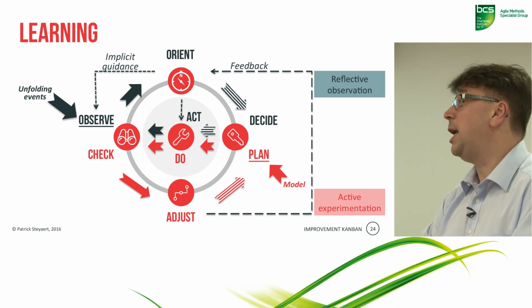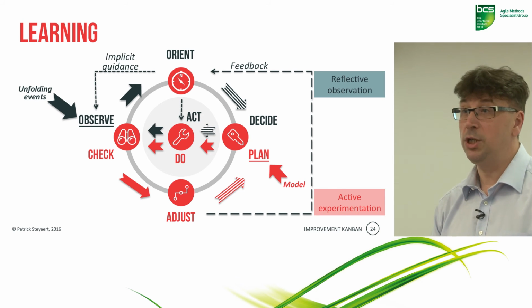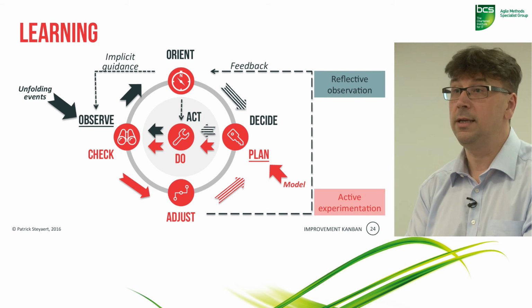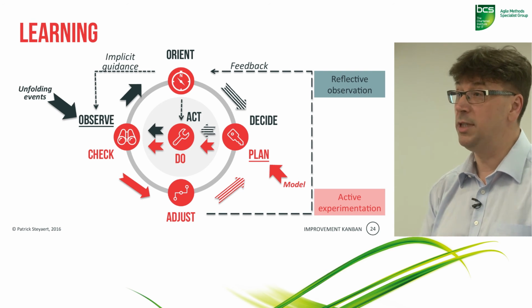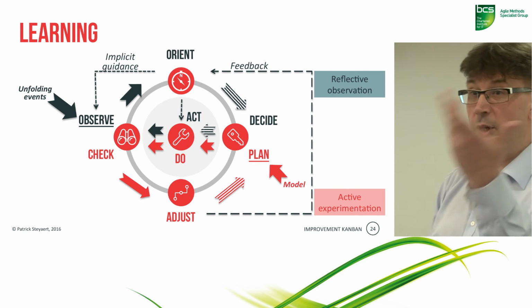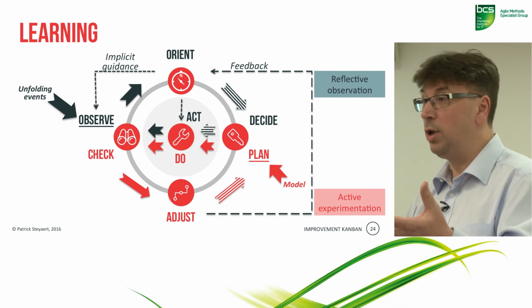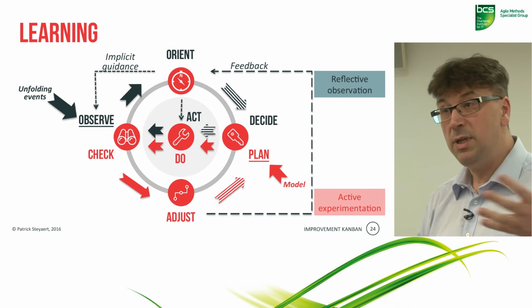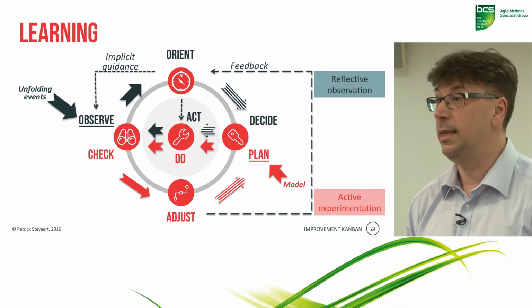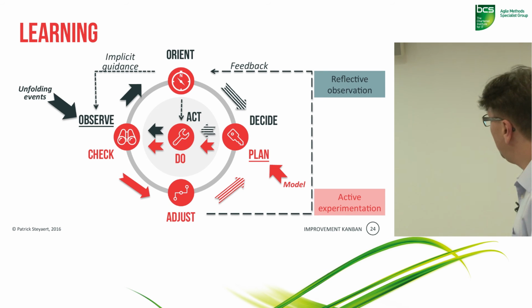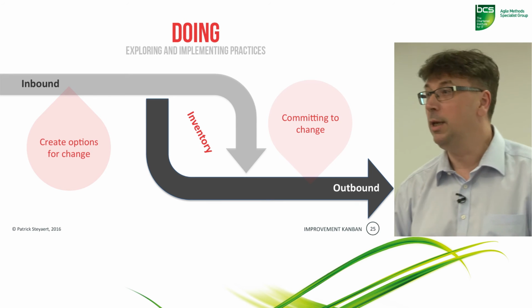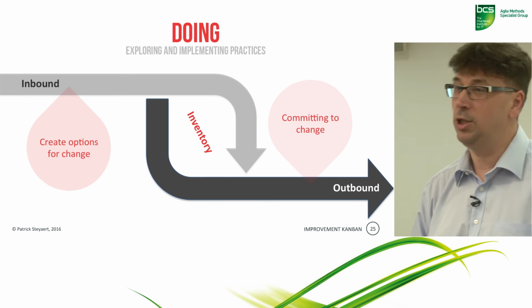But on the other hand, we also need active participation, the PDCA, and they need to go hand in hand. So we need to have a complete learning process from just the unfolding events on the one hand, and our model of what we think the landscape is, and both need to go hand in hand.